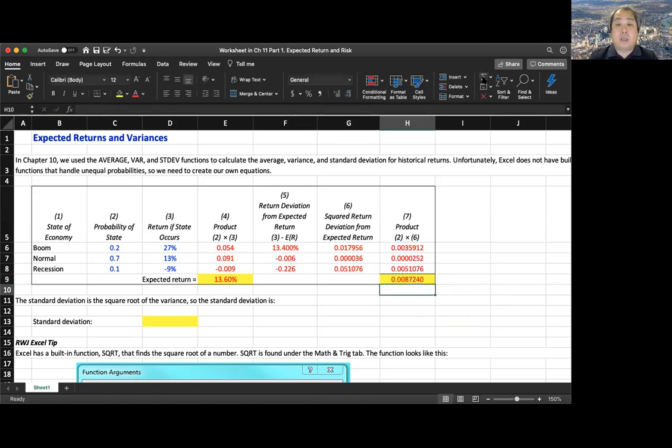We find variance. Take square root, 9.34% is standard deviation.